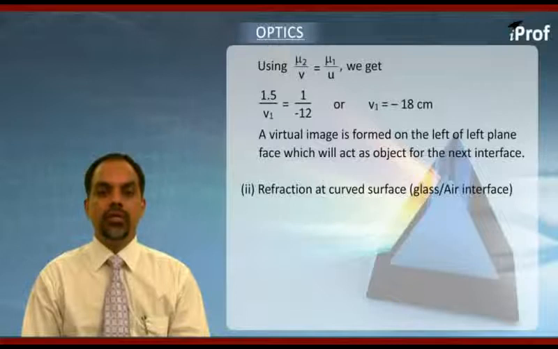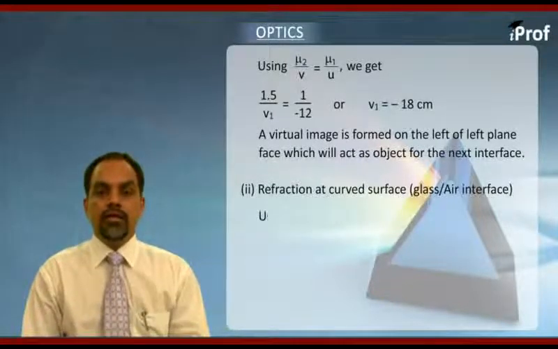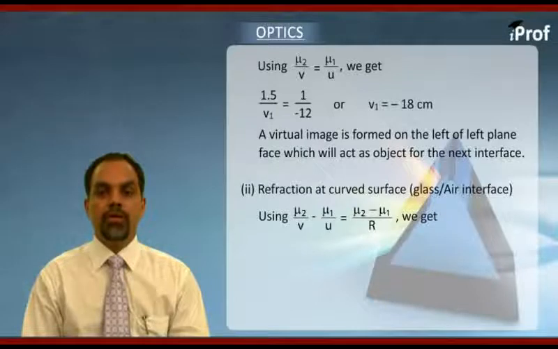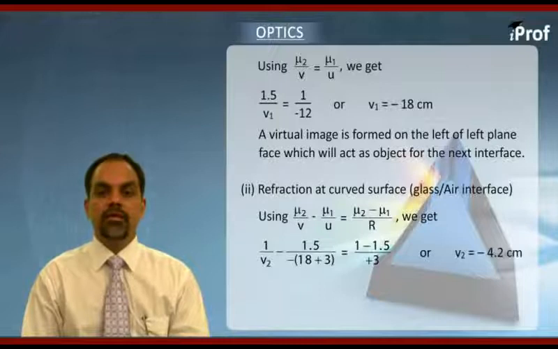Hence we are going to use the relation mu2 upon v minus mu1 upon u is equal to mu2 minus mu1 by r, making all relevant substitutions, that is mu2 as 1, v2 as the image distance from the pole of this surface, minus 1.5 minus 18 plus 3.